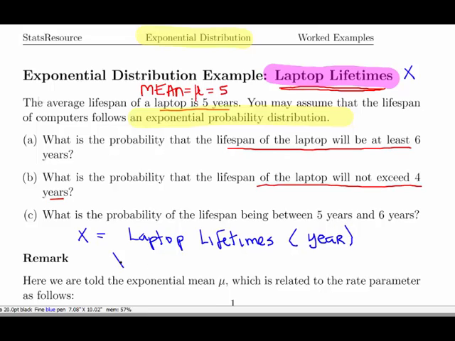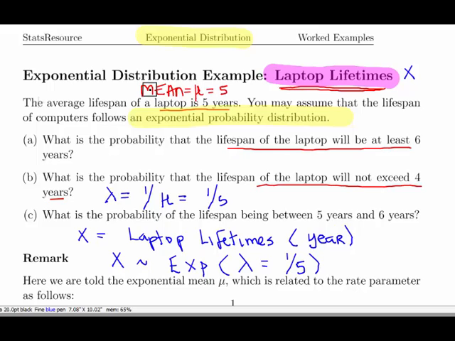Also, you should state that X is exponentially distributed with a rate parameter of 1 over 5. Lambda is the rate parameter, and we know that lambda is 1 over 5 because lambda is equal to 1 over mu, and that is 1 over 5.